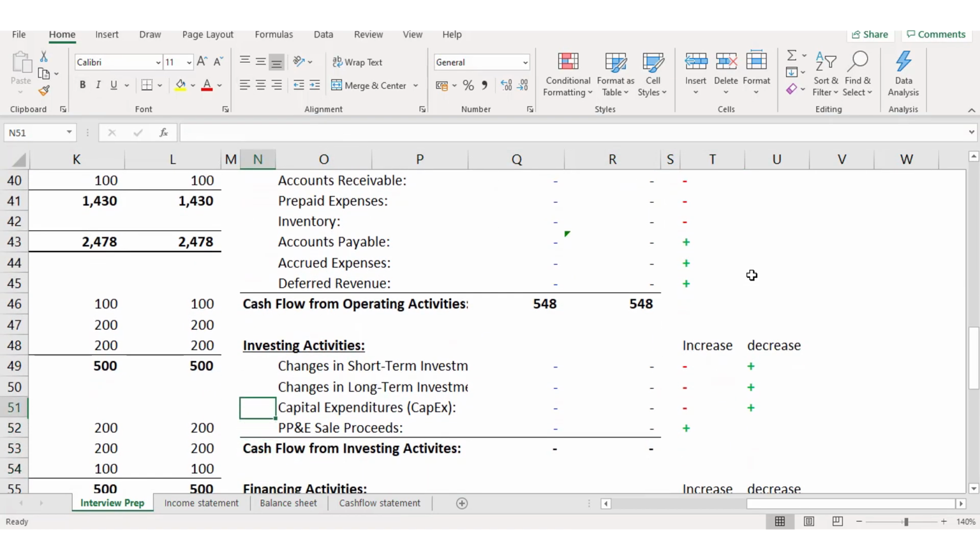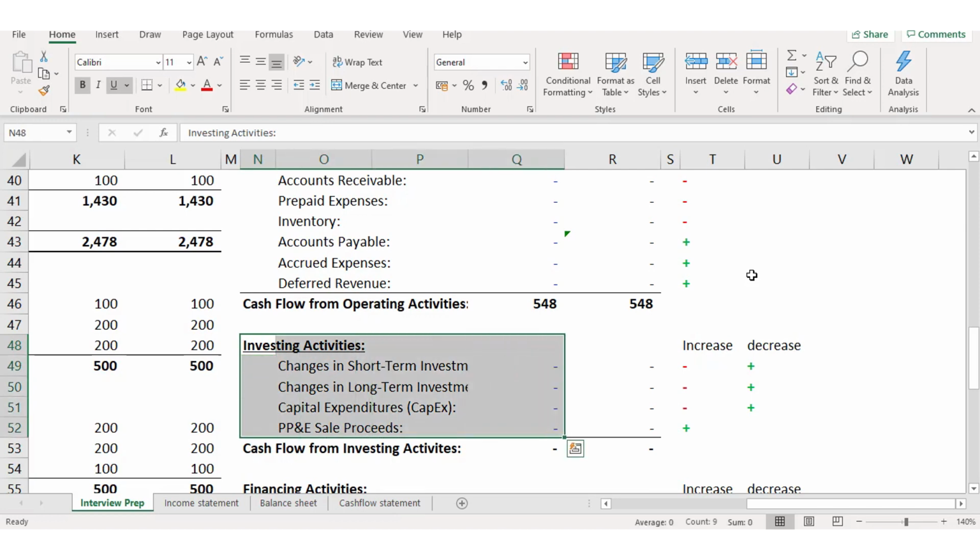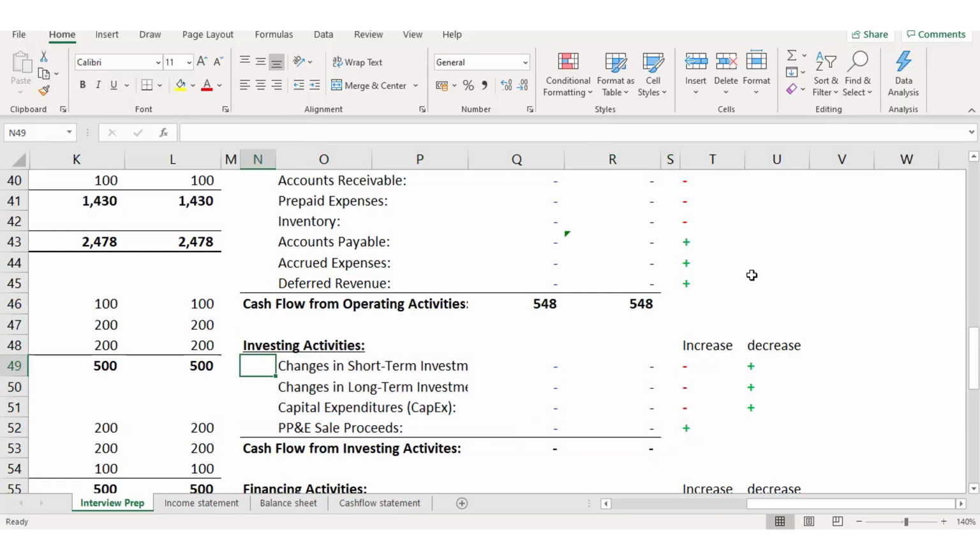Now let's take a look at cash flow from investment activities. Investment activities, pretty simple. Here you're investing. Either you're investing in your business or in another business. Essentially, whenever you're investing, you're using cash, so it's a drain on cash. So, the first one, changes in short-term investments.